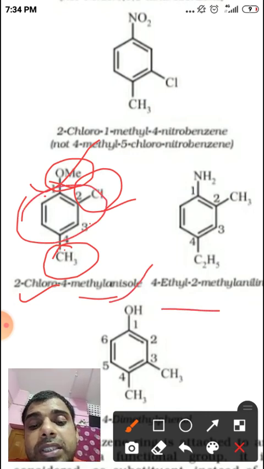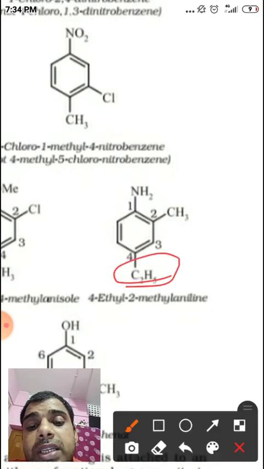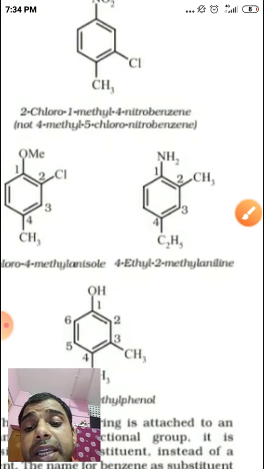Then after this one is the same also. Here you can see this one is ethyl group, this one is methyl group. So 1 amino, 2, 3, 4, alphabetically 4 ethyl, 2 methyl, and then aniline, NH2 is the aniline.